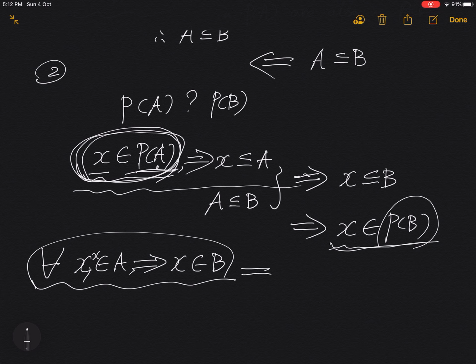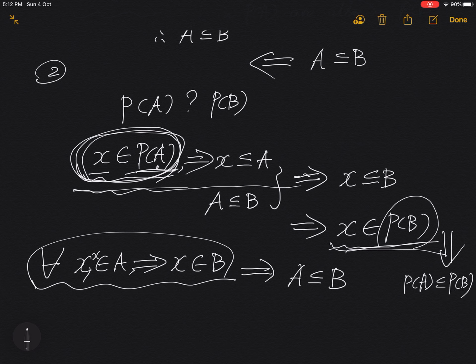This means set A is a subset of B. So when we have this, we can get that the power set of A is a subset of the power set of B. Okay, by using the definition.